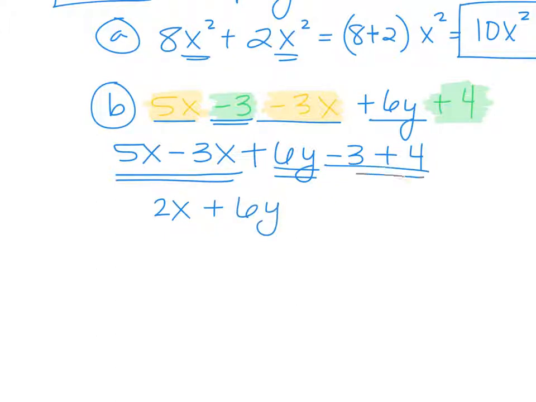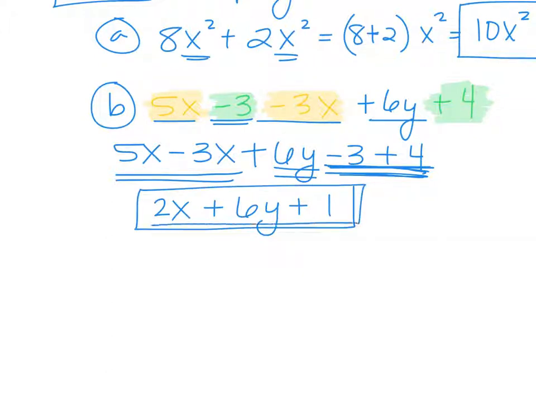And then how do I simplify my constants? Negative 3 plus 4. Positive or negative? Positive, right? Because my bigger number is positive, so negative 3 plus 4 is a positive 1. So this is our most simplified version of it. Does that make sense?